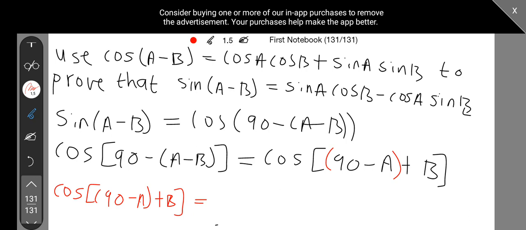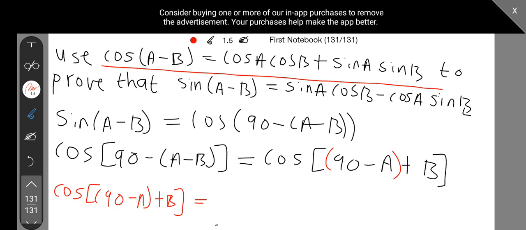What did we say about cos? We said that cos(A − B) is equal to cos A cos B + sin A sin B. So we can take 90 − A as our A and B as B. This time it's cos of a sum. Remember, the identity for cos(A + B) says that it is equal to cos A cos B − sin A sin B.